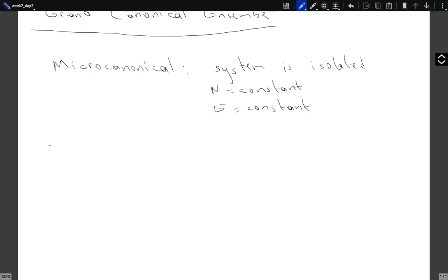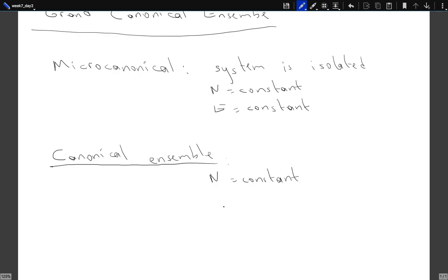Then we continued and we studied the canonical ensemble, in which N is constant, but E is not constant. A typical system with these properties is a system in contact with a heat bath, with a reservoir.